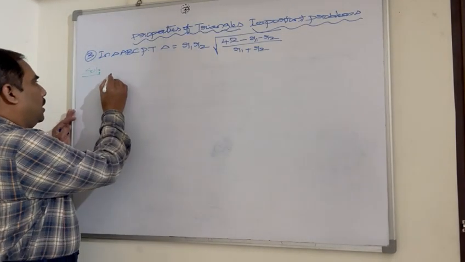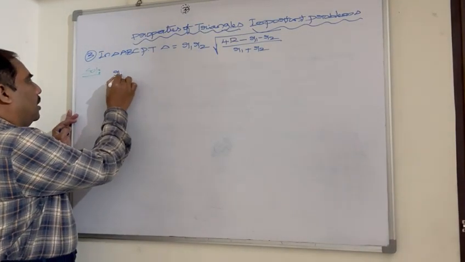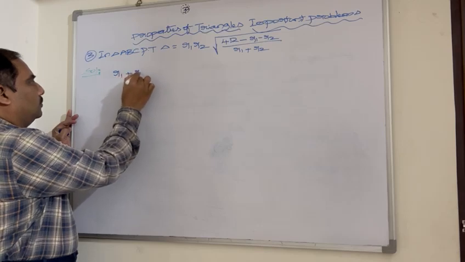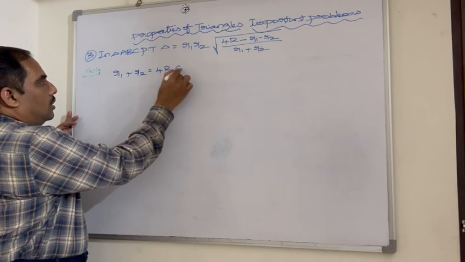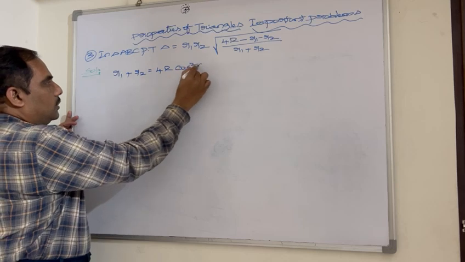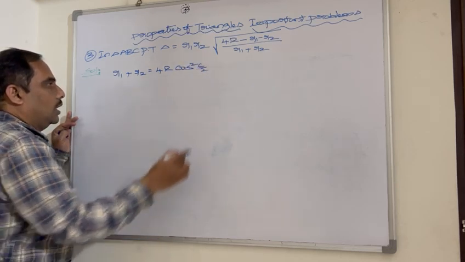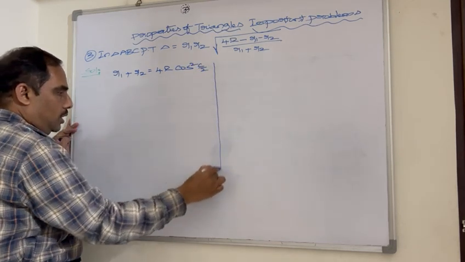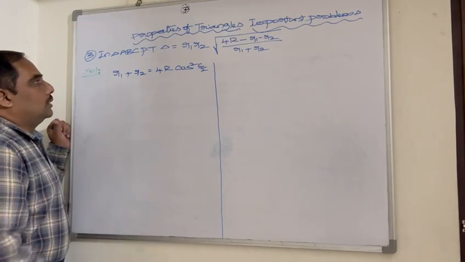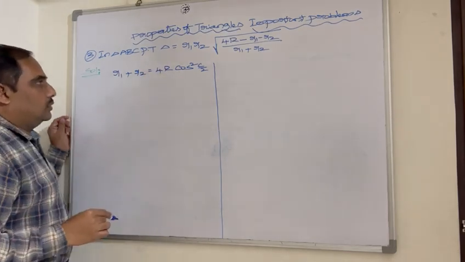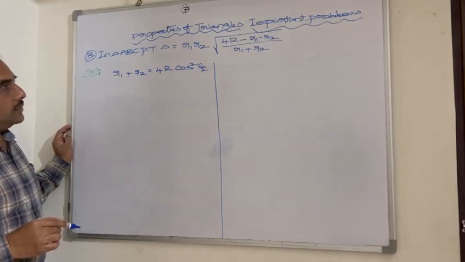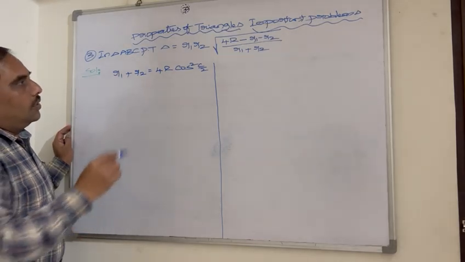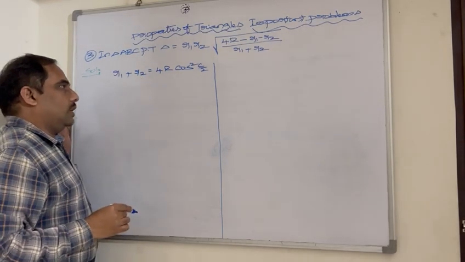So here we have already R1 plus R2 is equal to 4R cos square C by 2. Right? Now what we have to prove is that delta is equal to R1 R2 into root over 4R minus (R1 minus R2) whole divided by R1 plus R2.